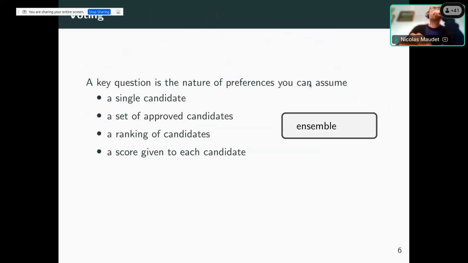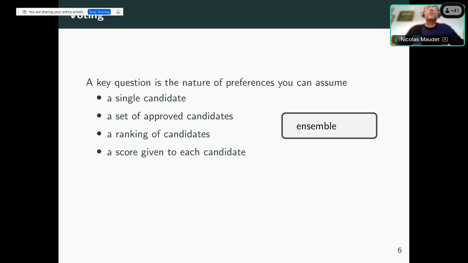So let me talk a little bit more about voting. Maybe you have an intuitive idea, at least as someone who usually casts a ballot in a political election. One of the first key questions is what kind of preference you can assume. It can be a single candidate. For instance, if you have to decide on the name of your project, you can say, I want to vote for Ensemble.